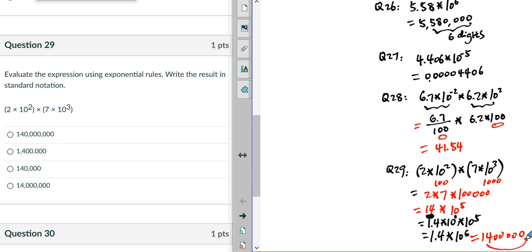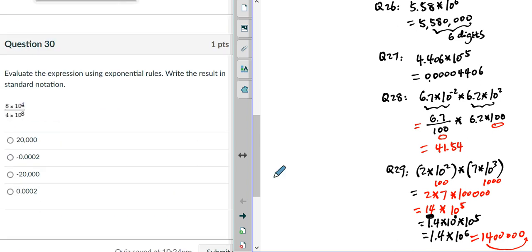So the final choice will be the one right here. Which one? This one is not correct, so will be the one right here. Okay, that will be 1,400,000. 1,400,000.